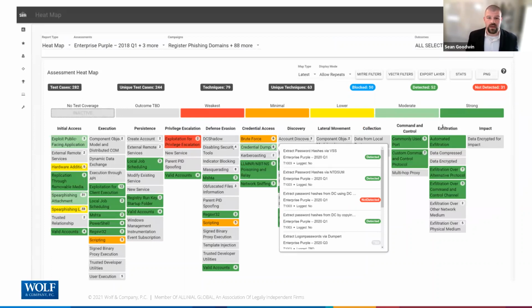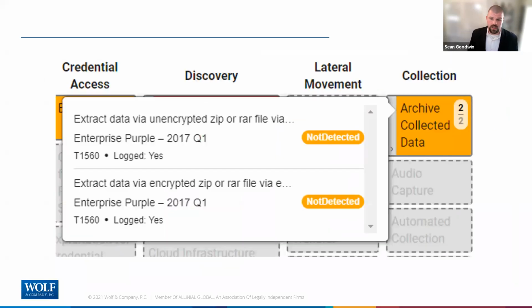In this case, we're looking at some phishing domain campaigns, and then understanding how we actually hold up against these controls. Green being, hey, we not only blocked it, but we also detected the event was happening. Red being, we didn't catch anything, the attack worked, we didn't get any alerts. And then the yellows and oranges being somewhere in between.